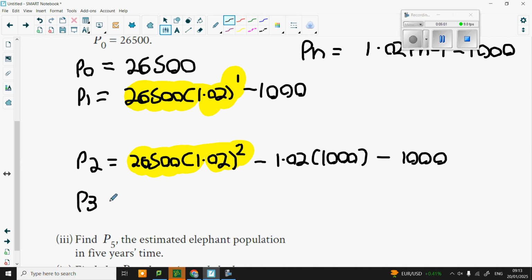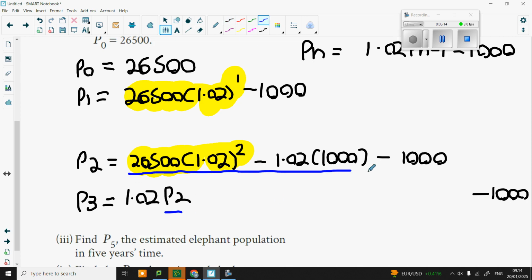So for P3, it's 1.02 times P2. I'm going to put the minus 1,000 all the way over here. You'll see why in a second. What am I going to replace P2 with? I have to replace it with all of that, don't I? So you're like, come on, what's going on here?